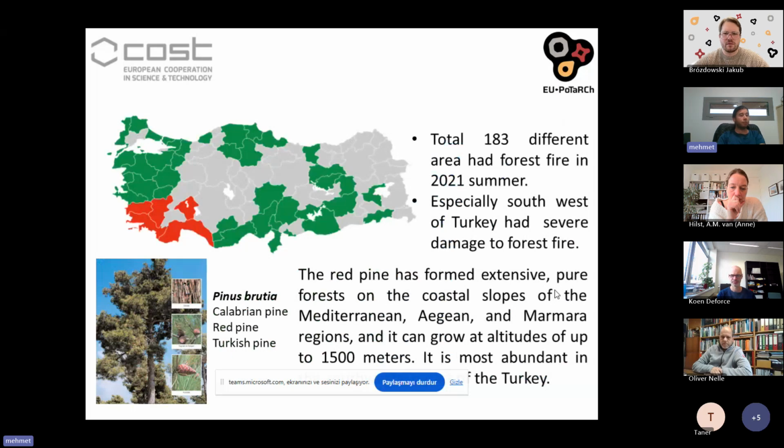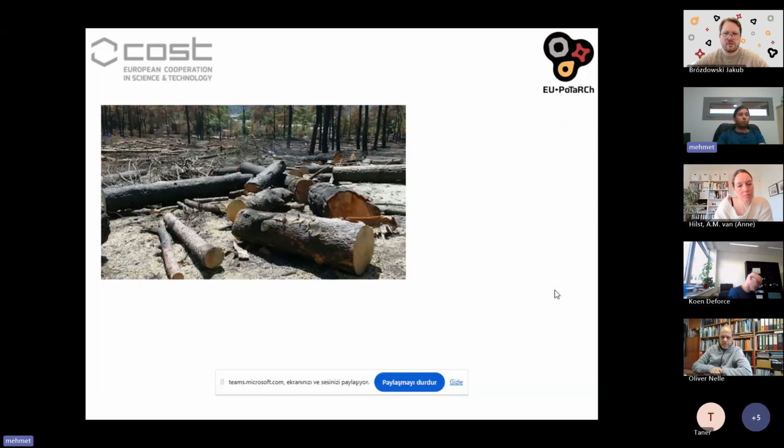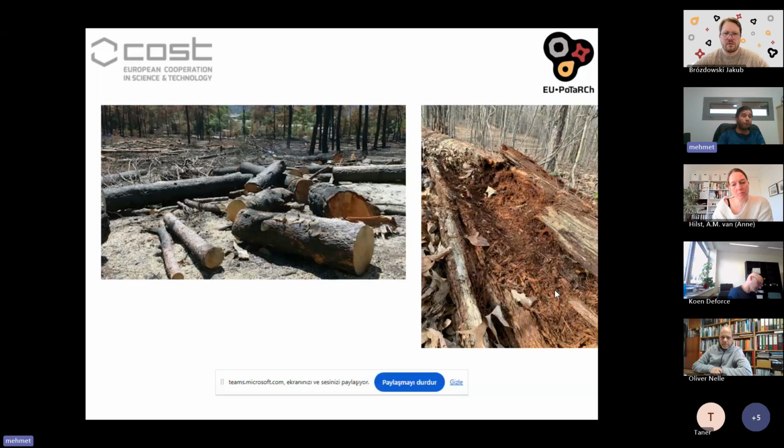It is most abundant in the southwestern part of Turkey. A portion of the wood was harvested and sold to meet economic needs and market demands, but unfortunately, a significant amount was left to decompose in the forest.